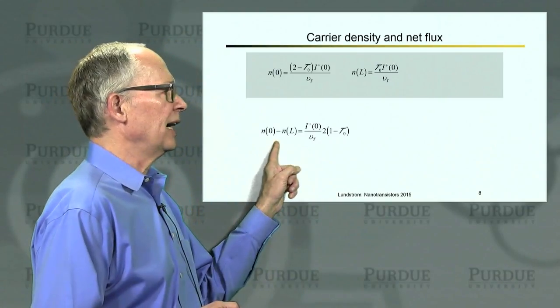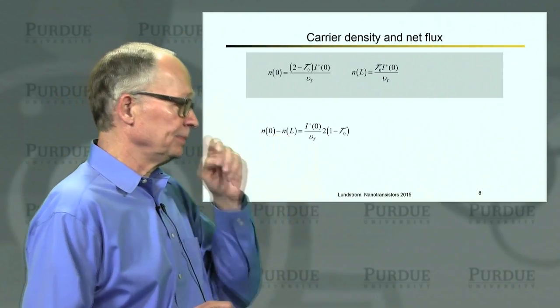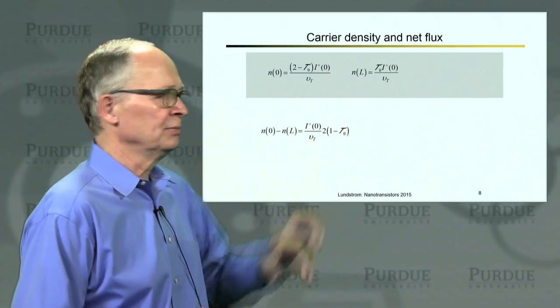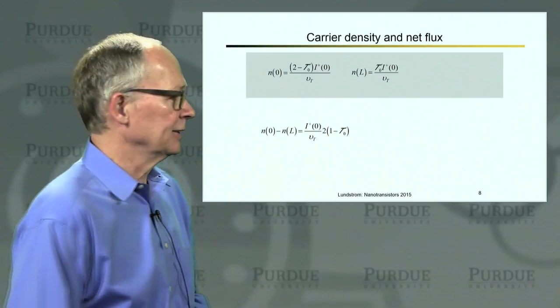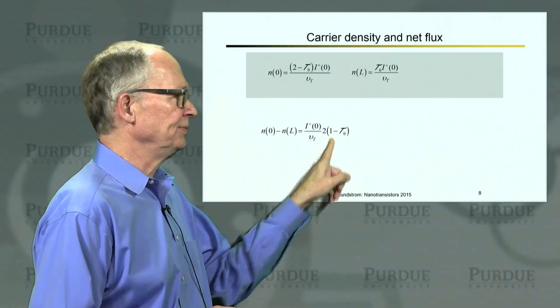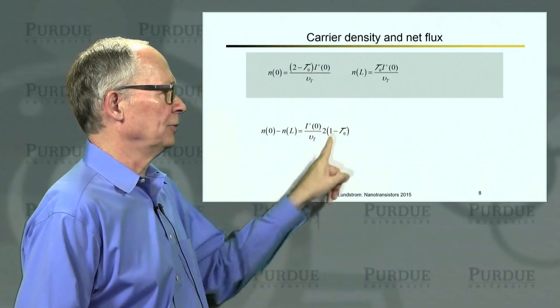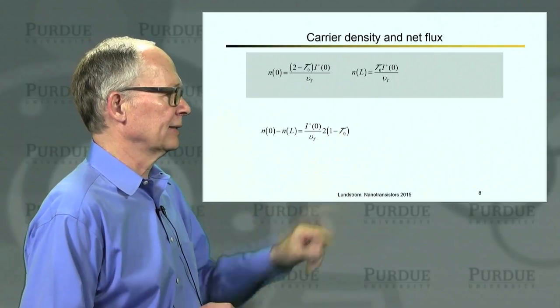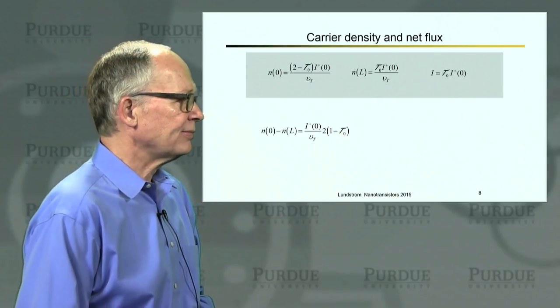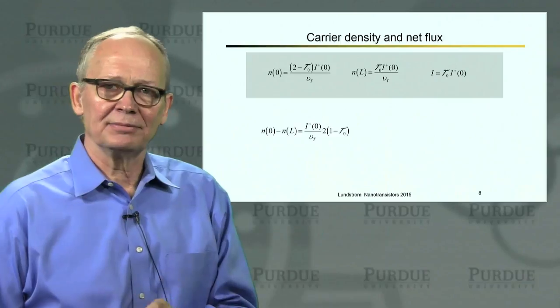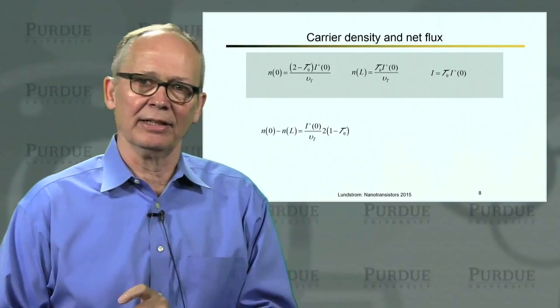So let me subtract N of 0 minus N of L. I'll simply subtract these two electron densities at the ends. So this is what we get: a 2 minus tau minus another tau, so I get 2 times 1 minus transmission. Now I want to relate this to the net current through this slab.